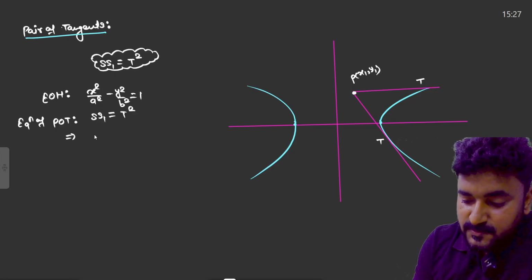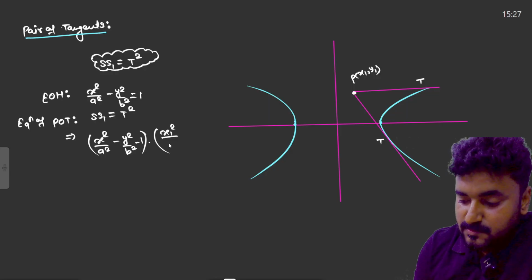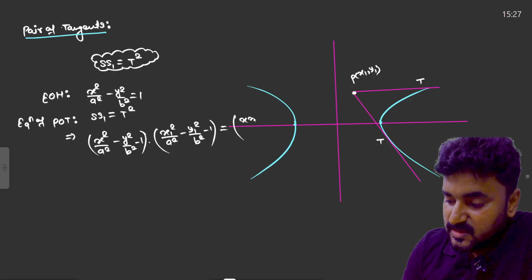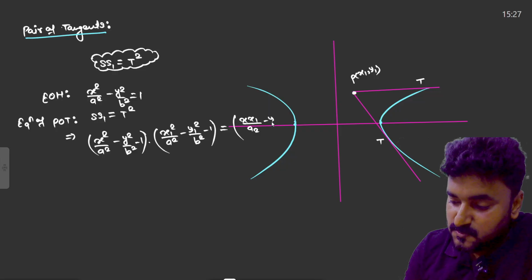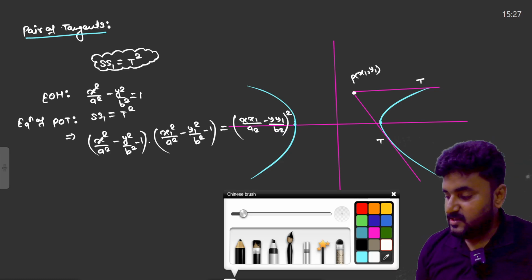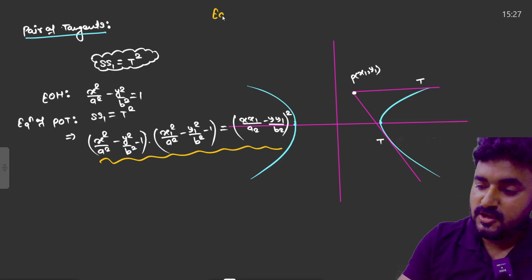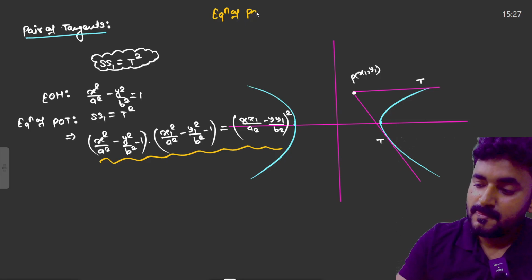We can write: (x square by a square minus y square by b square minus 1) into (x1 square by a square minus y1 square by b square minus 1) equals (x x1 by a square minus y y1 by b square) whole square. So this is the required equation of the pair of tangents on the hyperbola.